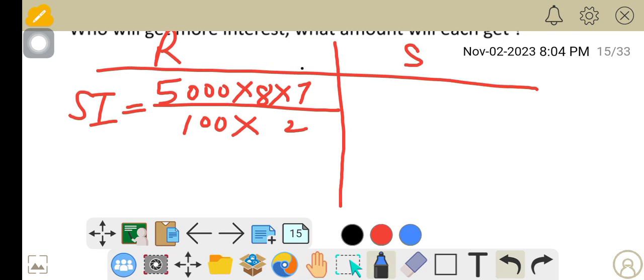After solving, from 2 it will be 4. So overall we have 5 4 7, 5 4 are 20, 27 are 140, and one more 0. So 1400 rupees is simple interest for Rohan.